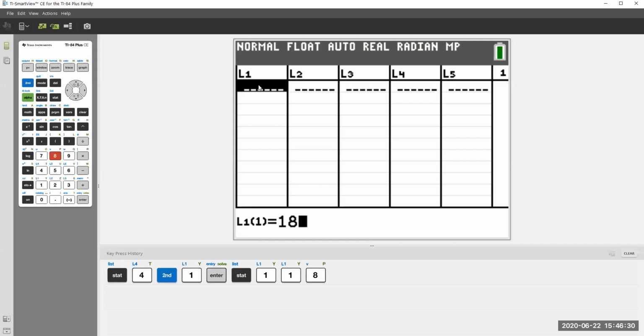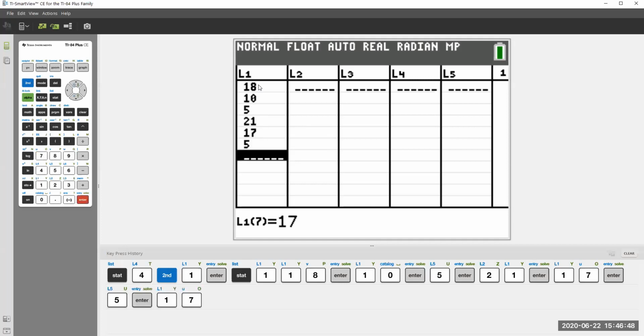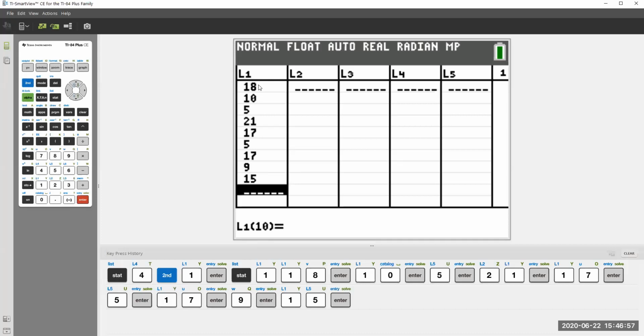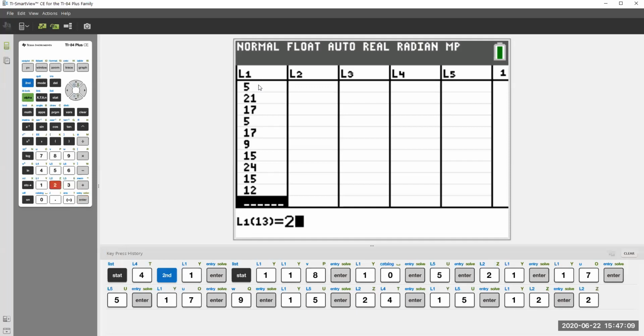$18, $10, $5, $21, $17, $5, $17, $9, $15, $12, $20, $20.